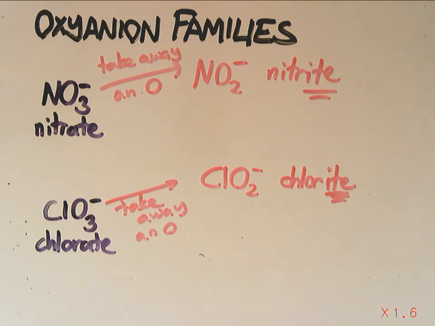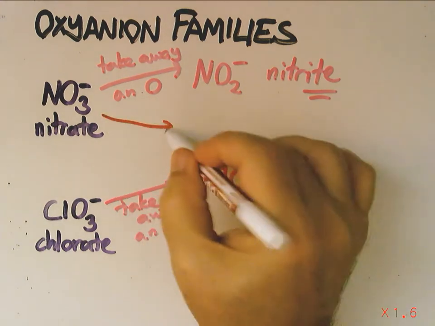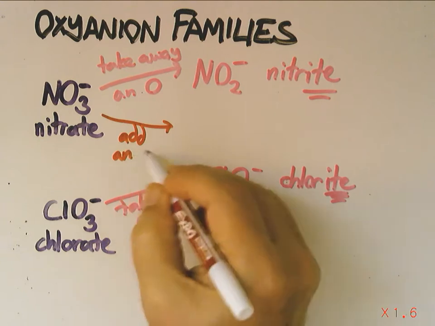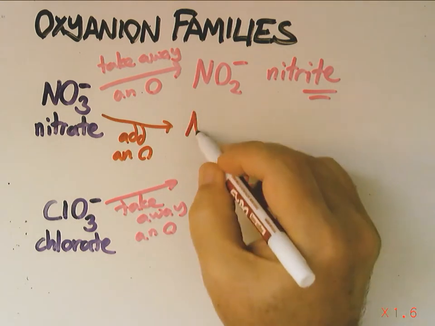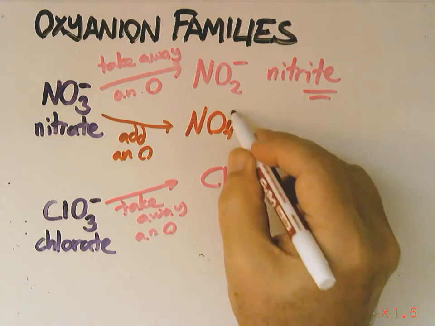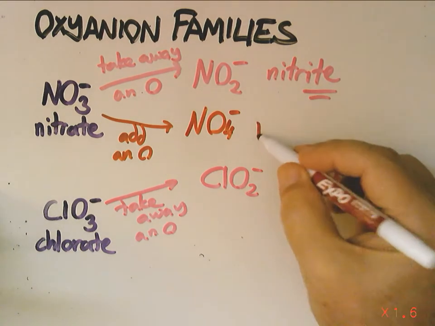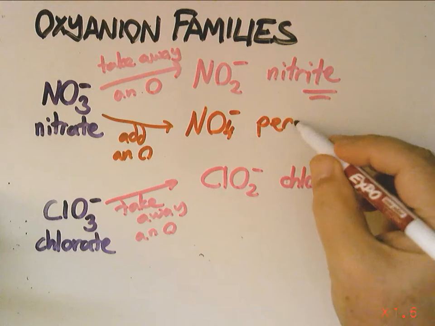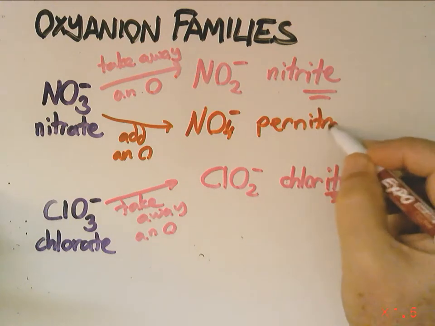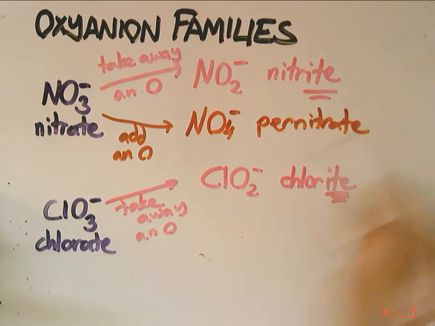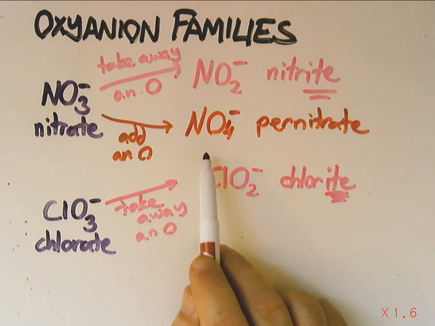Now let's do an example of another prefix. Suppose you want to add an oxygen, then you're going to get NO4 minus. That is called pernitrate. Now we mentioned with peroxide that you put a per in front of something if it has an extra oxygen stuffed onto it.